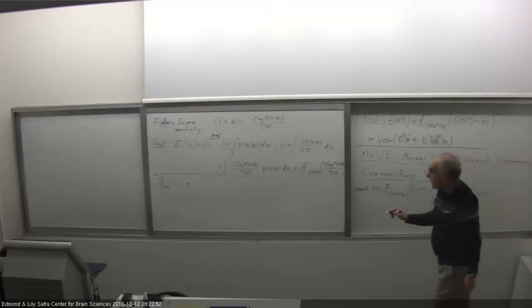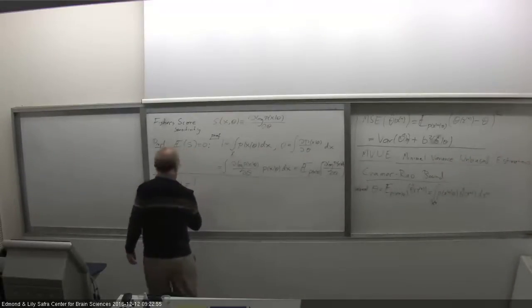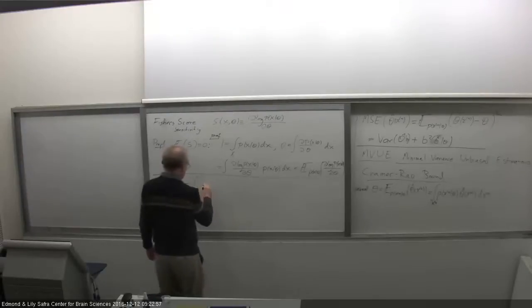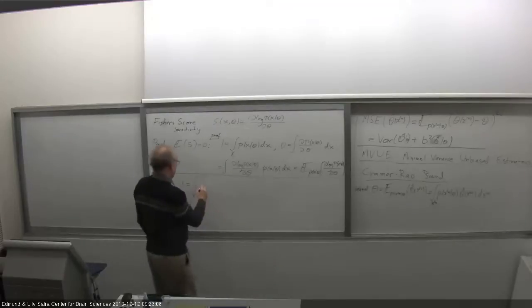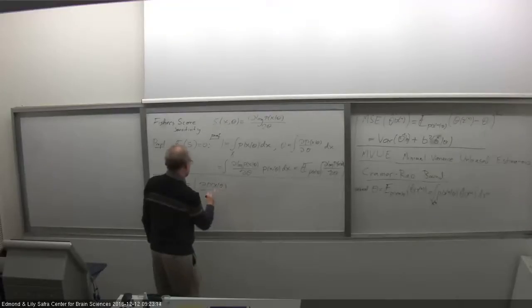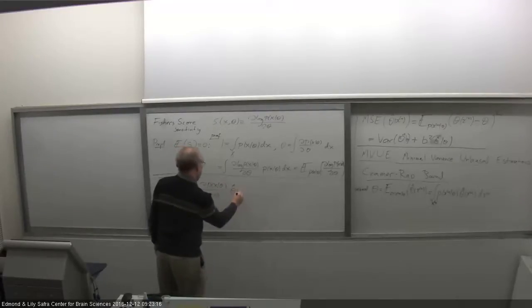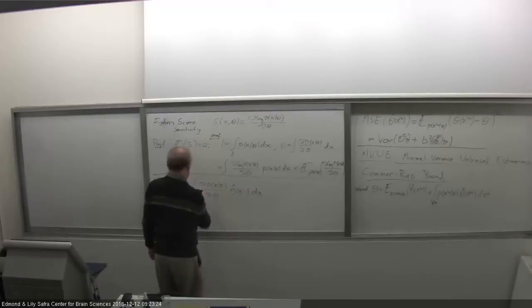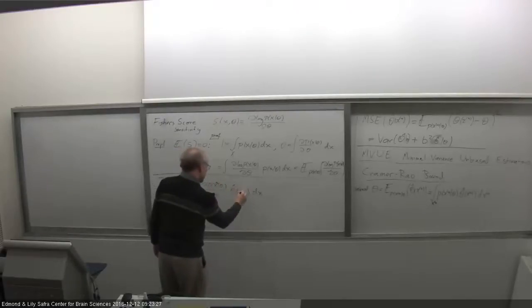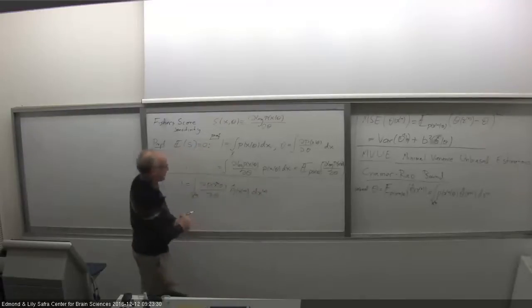So 1 is the integral over all possible x's of, remember, I omit the n, I put it back when I need it, the derivative of p(x_n, theta) with respect to theta times theta hat, dx_n. You see that. So that's clear.